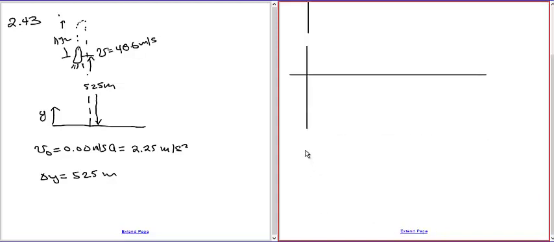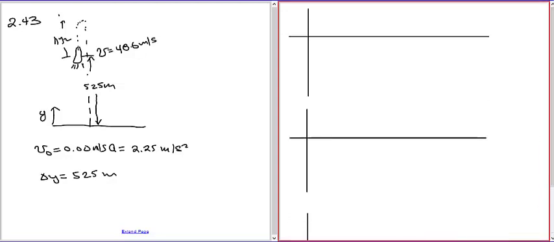I'm going to start with the acceleration because that's constant. So the top one is acceleration versus time. So we have initially a 2.25 and then we have a negative 9.81.